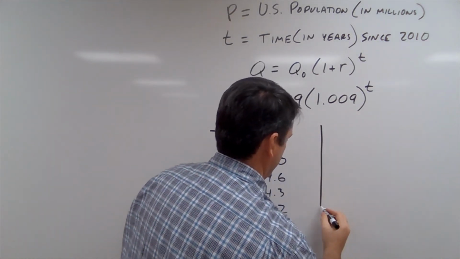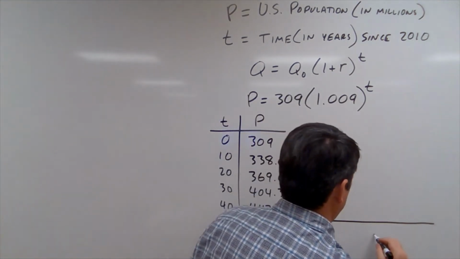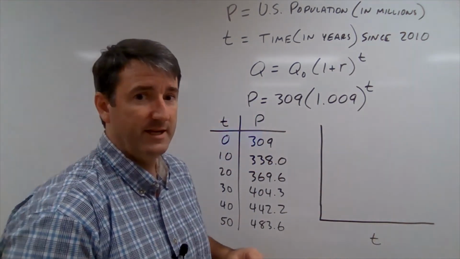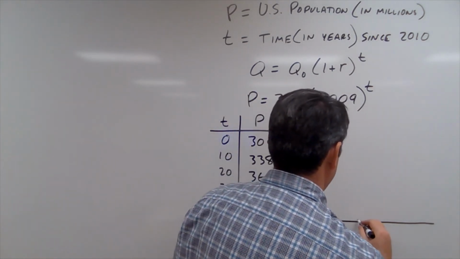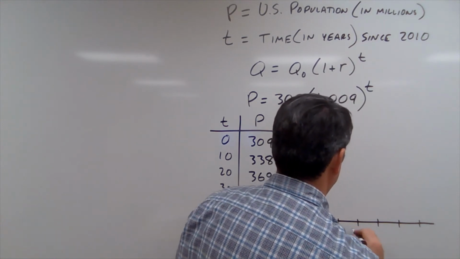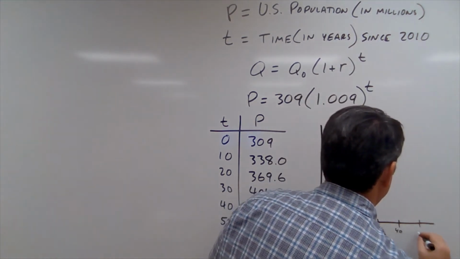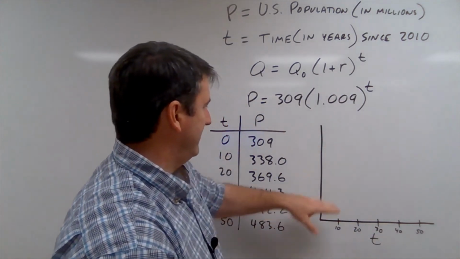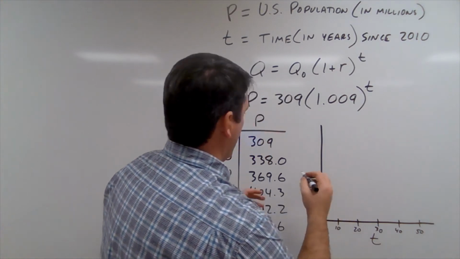All right, so now once we have this table of values, let's create a graph. So we're going to have our independent variable on the horizontal axis here. And let's go 10, 20, 30, 40, 50 years out. And then on the vertical axis, we're going to have our population.